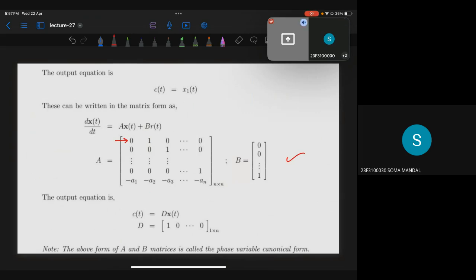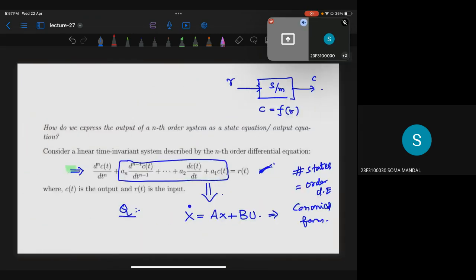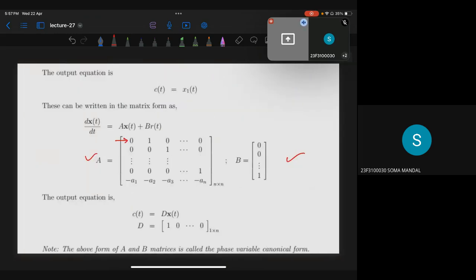Yes, exactly. Now, can I write this A matrix directly from the differential equation? Can we write it directly? We can write it, because the A matrix will have this entire part as a standard matrix. Yes, sir. And only the last row, what do we have?